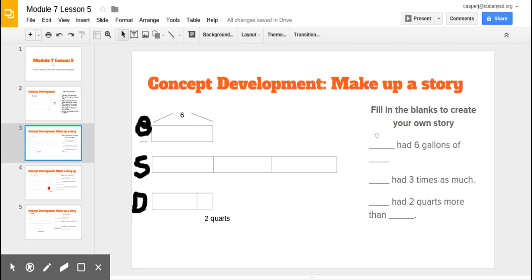So this is Bob, and Bob had 6 gallons of gas. It's a little hard to write with this pen, but we'll get there. And then we're going to say that he had 6 gallons of gas.